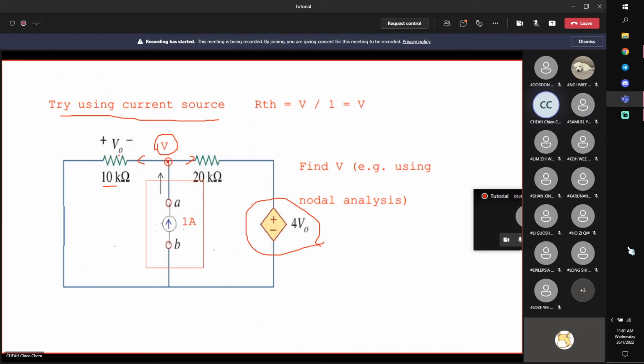Then you need to relate the V0 to the node voltages. So if this is V, then this is V0. It's the other way around.